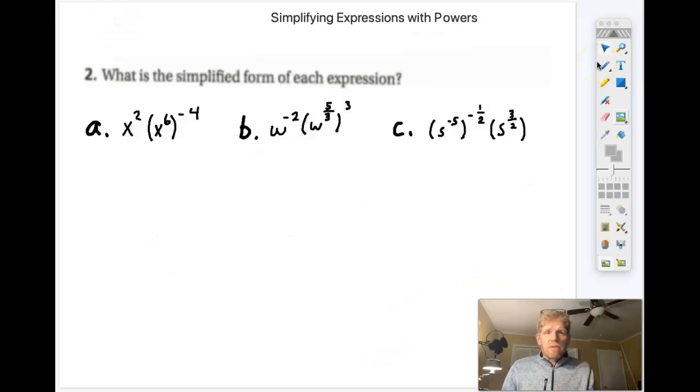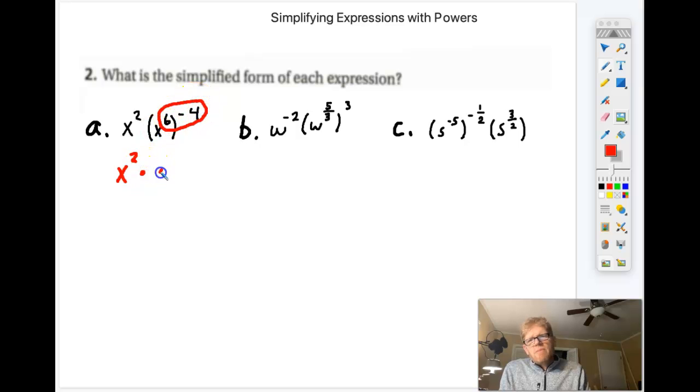Now let's put it all together and see what we get when we do these. We have x to the 2nd times x to the 6th to the -4th. X to the 2nd, I'm just going to bring that down. Since it's being multiplied by this, I'm going to multiply these two together. That's going to give me times x to the -24th.